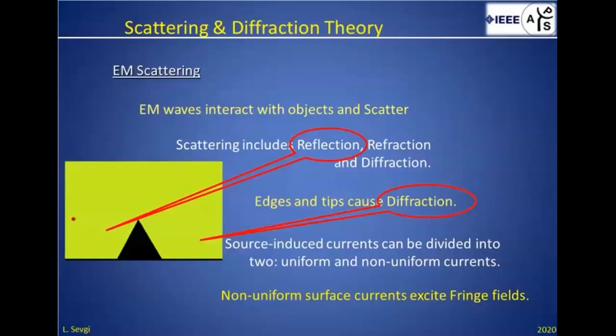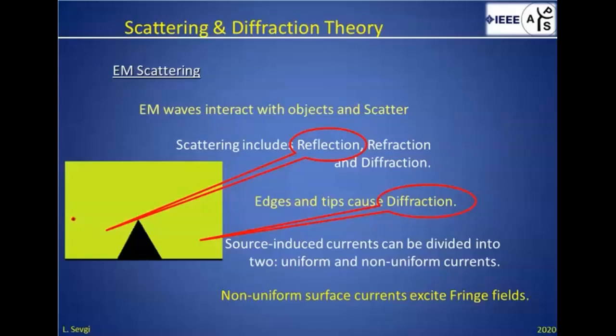So electromagnetic waves interact with objects, including us human beings, and scatter. So the word scatter includes every possible electromagnetic effect. So we prefer to call it electromagnetic scattering to cover every electromagnetic effect from this interaction.